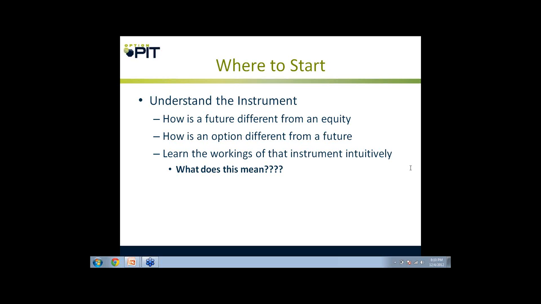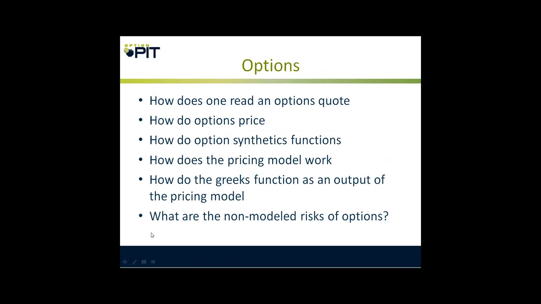When I look at options, and to a lesser extent futures, it is all second nature, and I think that's the key: you should understand things as second nature. That means you need to immediately know the process. How does one read an options quote?